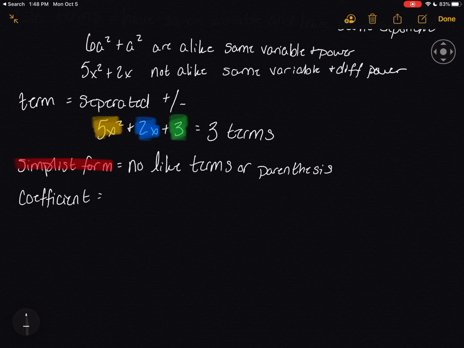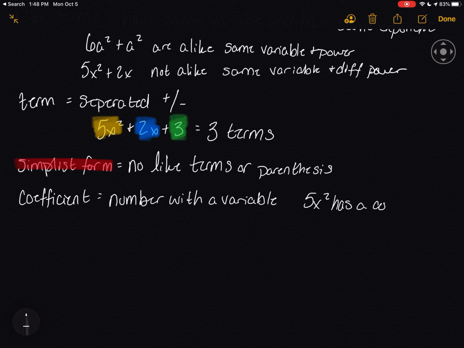And I know that we talked about this in here. Remember, a coefficient is the number with a variable. So for example, 5x squared, the coefficient of 5.